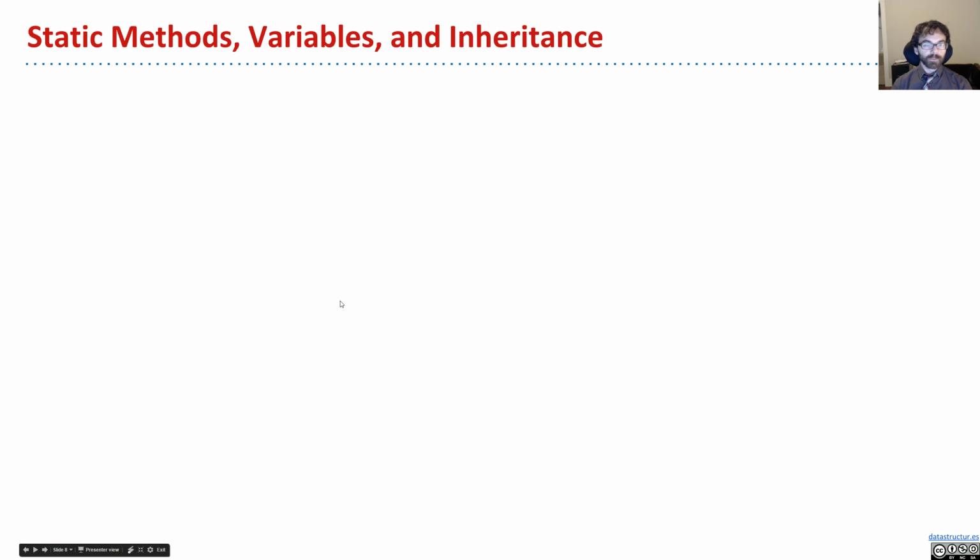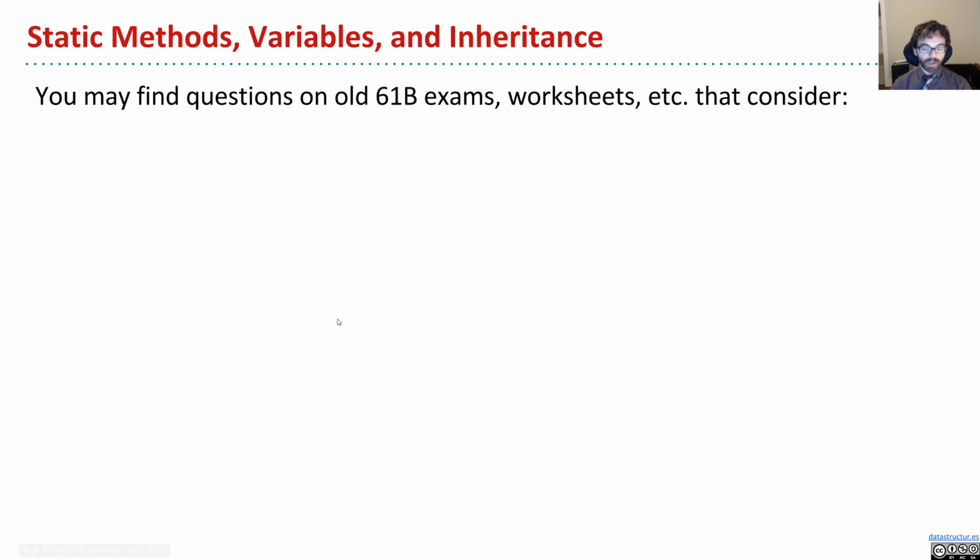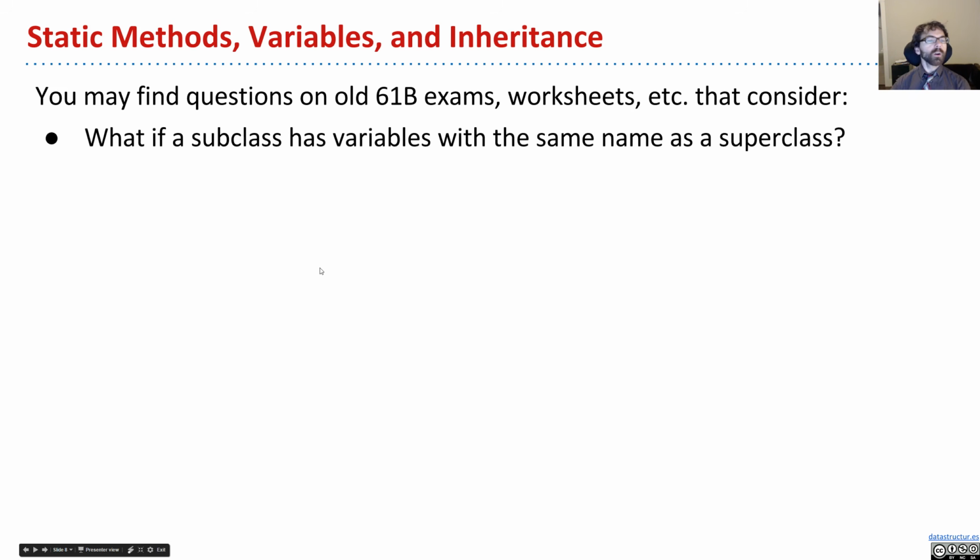So before we get going with today's lecture, I do want to mention one thing. For those of you taking the class at Berkeley who are going to take exams, you may find questions on old 61B exams, worksheets, or whatever else that consider, what if a subclass has variables that have the same name as a superclass? For example, maybe the Dog class has a size and the ShowDog class also has a size.